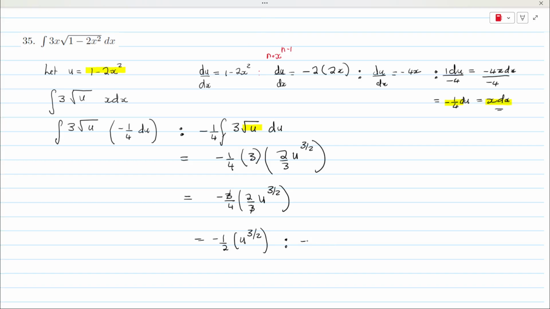So what I have here is negative 1 all over 2 times, substituting my u, 1 minus 2x squared exponent 3 all over 2. This is then my final answer, but I also add some c, which is a constant of integration. So this becomes my answer for problem 35.